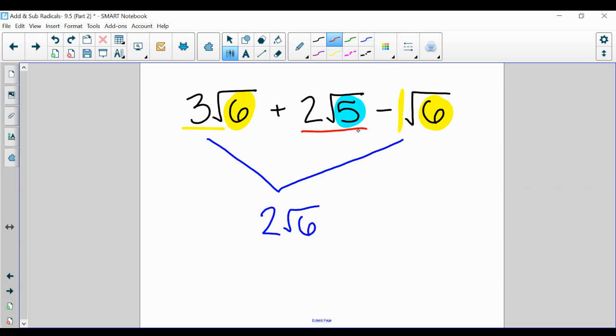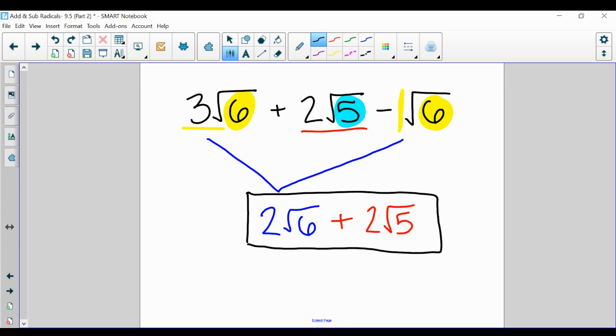But this 2 root 5, there's nothing that I can combine it with. I don't have another root 5. So your final answer is 2 root 6 plus 2 root 5. That cannot be simplified any further. So again, you're looking for what number you see under the radical and what you're able to combine versus not.